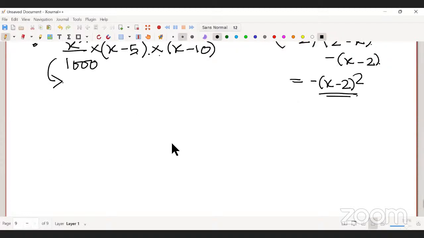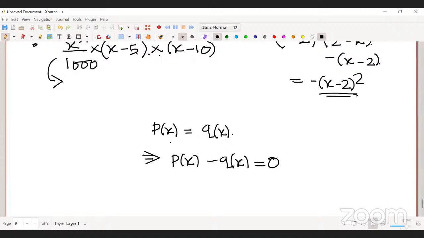If you have two polynomials, p of x and q of x, and you want to know how many times they intersect, you need to solve p of x minus q of x is 0. If you solve this equation, you will get the total number of points at which both the polynomials intersect.